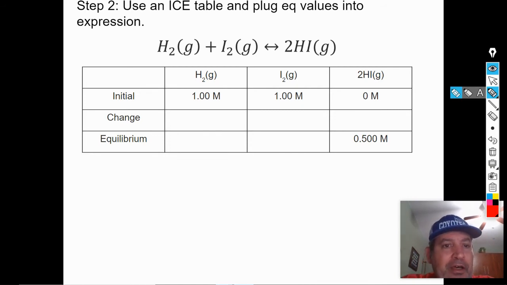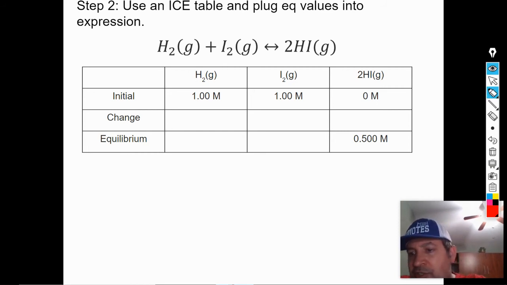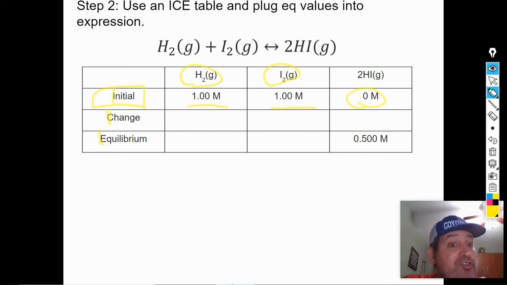I set up a table, and we call it an ICE table because each letter over here spells out ICE. So we have initial concentrations, which are shown here, and these were given to us in the problem. We're assuming that we put these 2 guys into a flask and there was none of the product in there at the start.